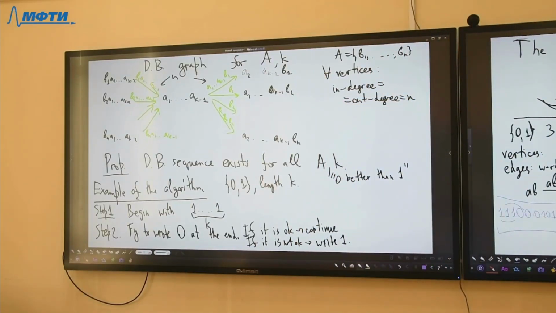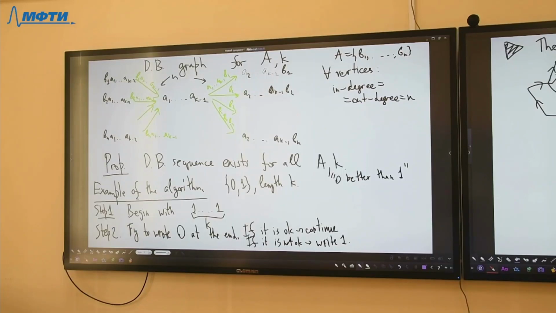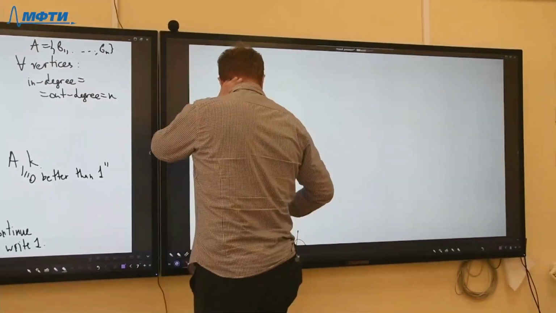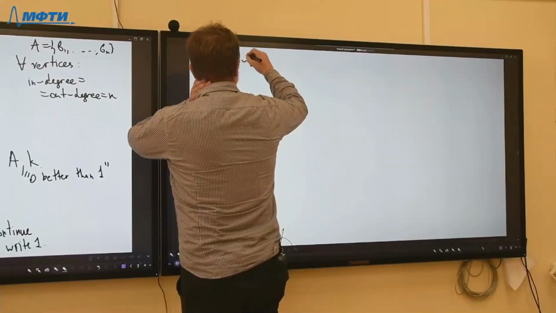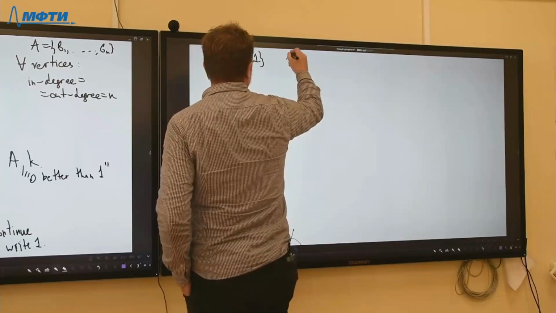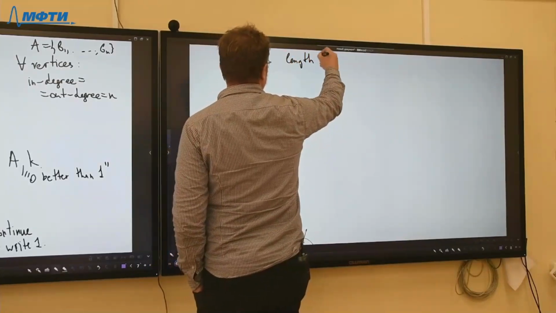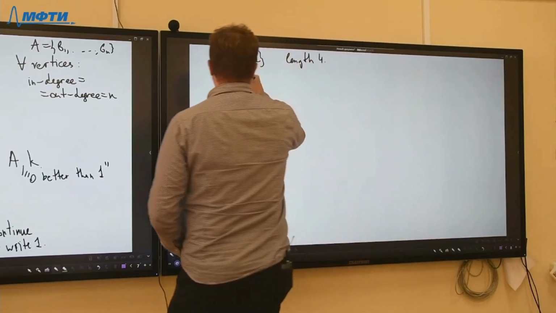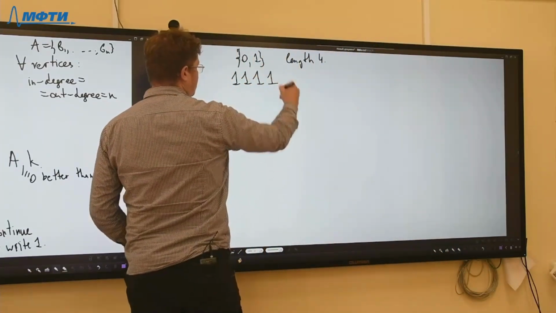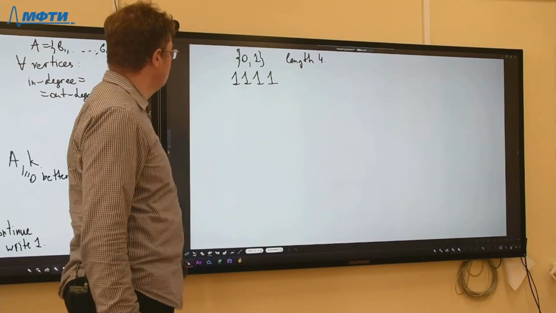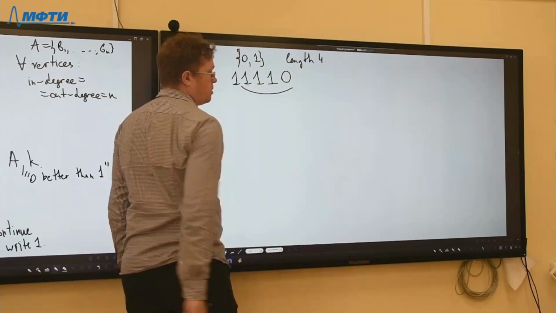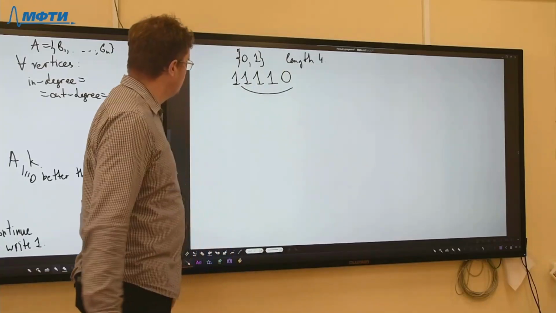Okay, so for example, if I need to write the De Bruijn sequence for 0, 1, and length 4, what should I do? I write the four ones, then I write 0 because 1, 1, 1, 0 has never occurred in this sequence.